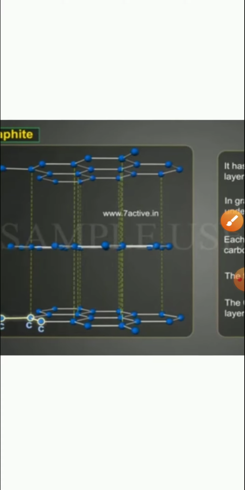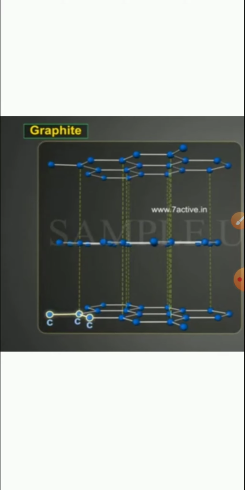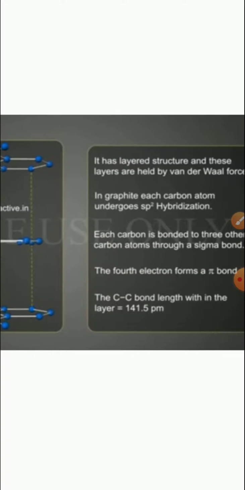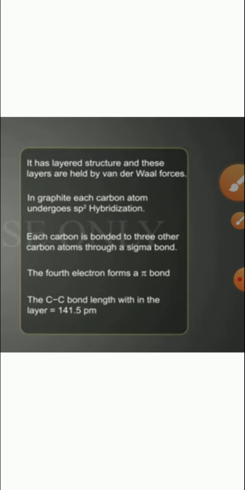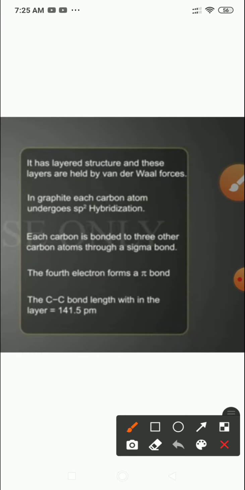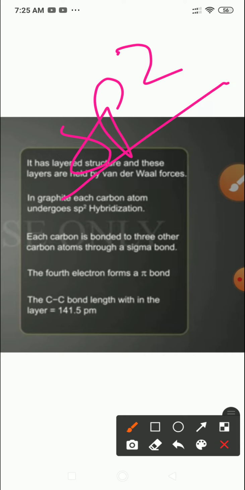Now when we talk about graphite, it has a layered structure and the hybridization is sp2. In the case of diamond the hybridization is sp3, but in the case of graphite the hybridization is sp2.